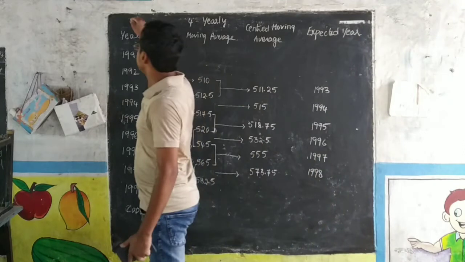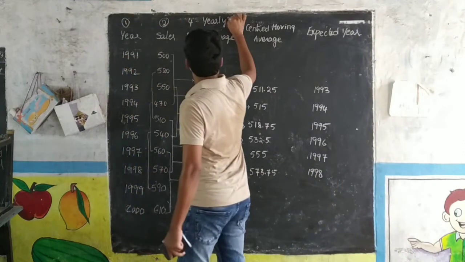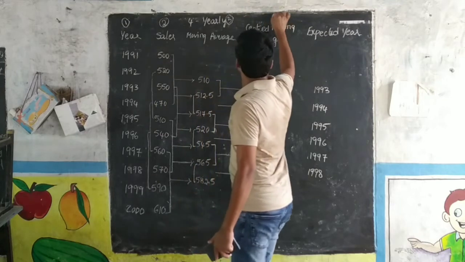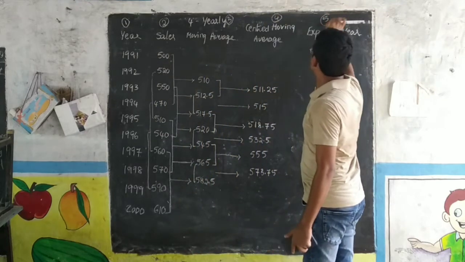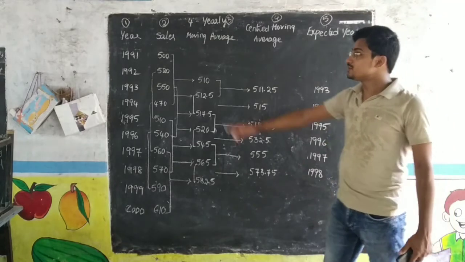Now, we have to draw a curve by using the first and second columns. First, second, third, fourth, fifth. First we draw a curve by using the first and second column.